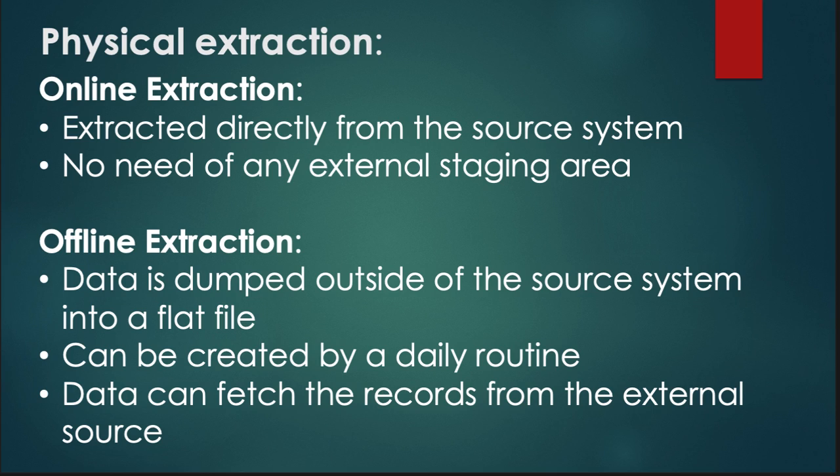In offline extraction, the data from the source system is dumped outside of the source system into a flat file, and the flat file is used to extract the data. The flat file can be created by a routine process daily. Here the data is not extracted directly from the source, but instead is taken from another external area, and copies are made.